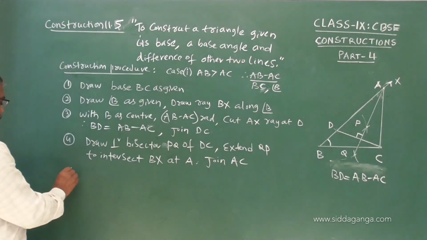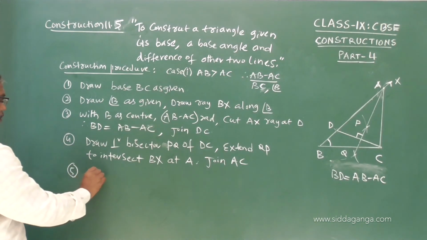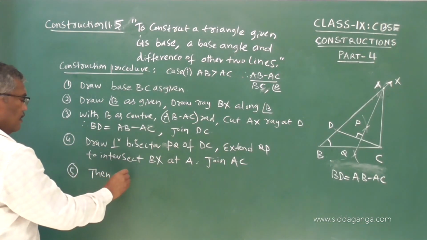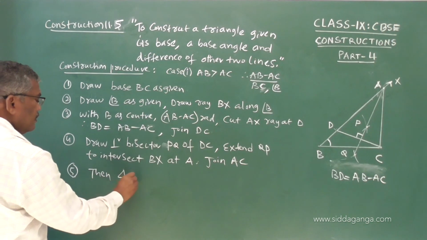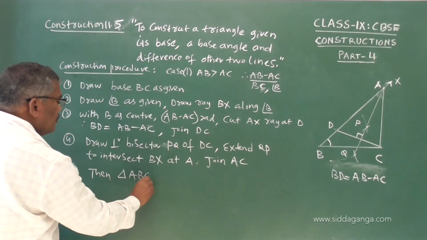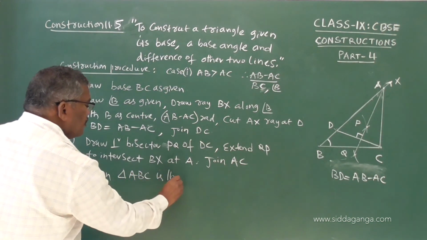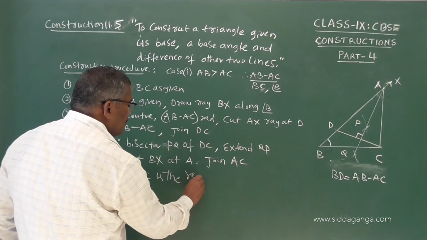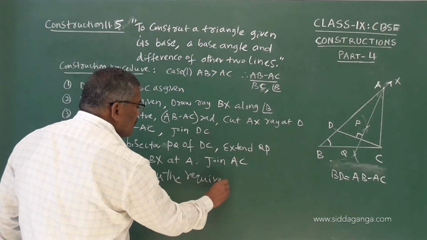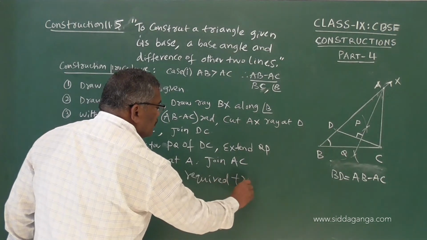So finally, triangle ABC is the required triangle.